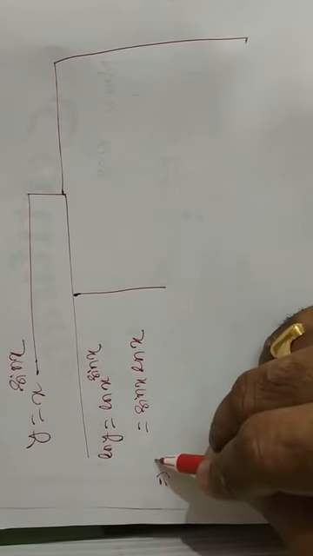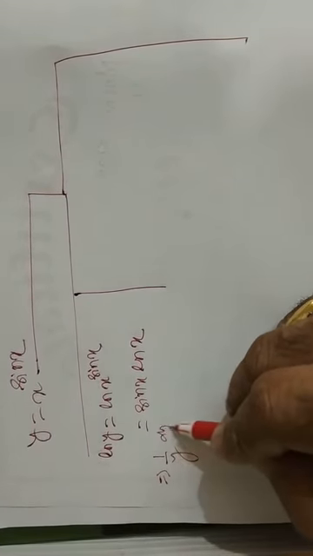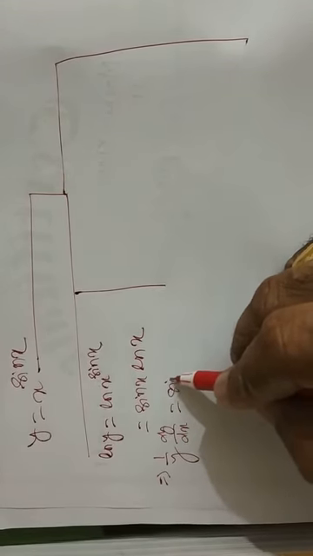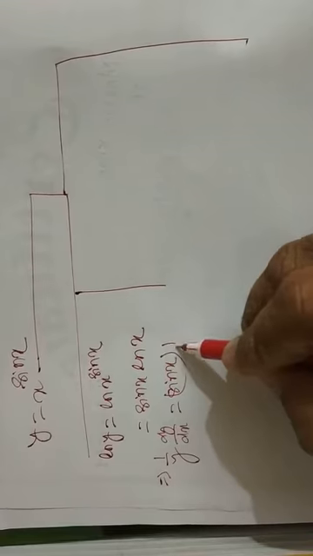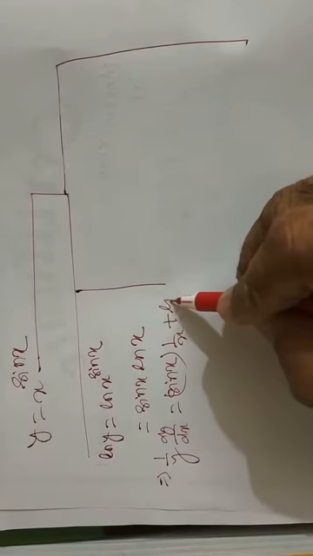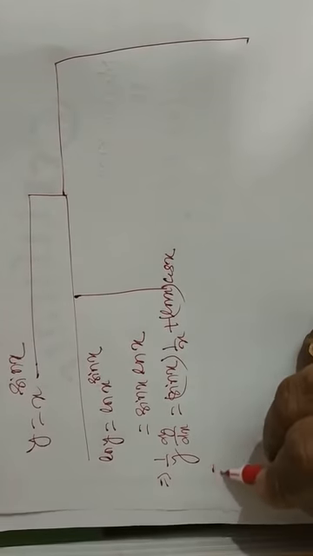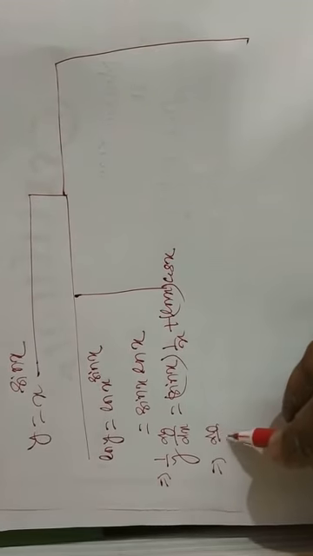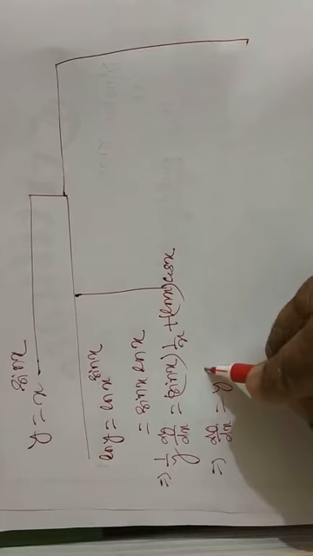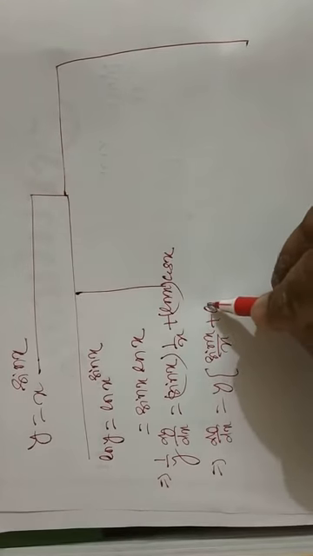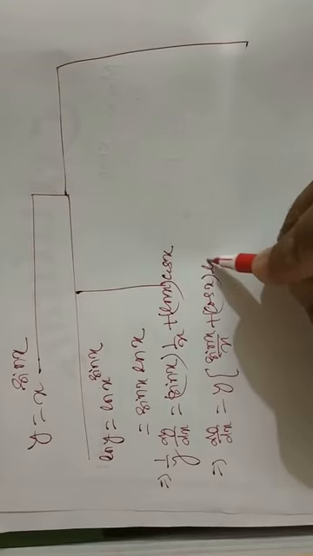So now differentiate: 1 by y dy by dx equals sin x into the derivative of log x, 1 by x, plus log x into the derivative of sin x, cos x. So I get dy by dx is y into (sin x by x plus cos x log x).